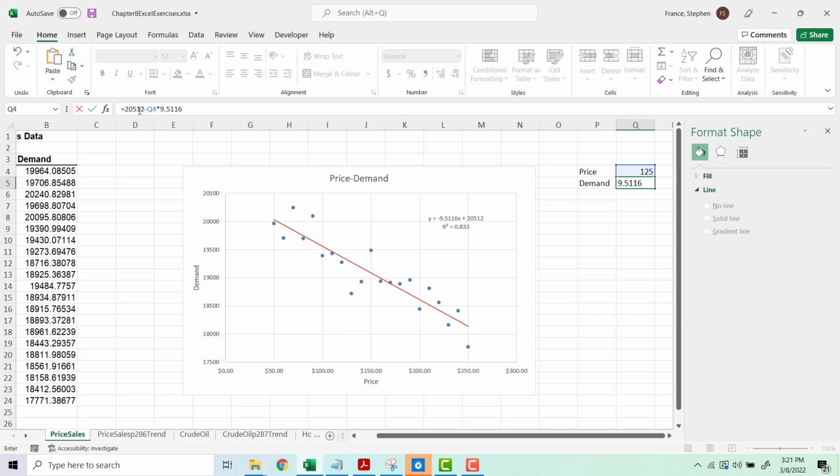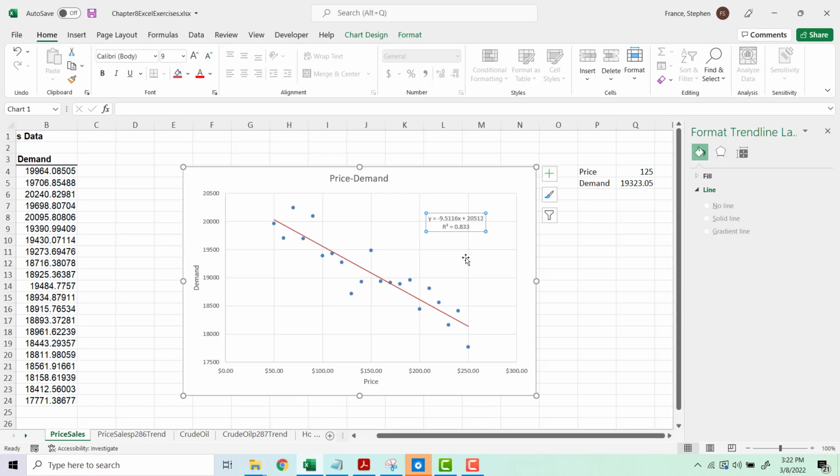So that's just, again, my beta in the regression equation, my beta hat 0 is 20,512 plus beta hat 1, but it's negative, so minus times minus 9.5116. And we get the demand of 19,323, which is exactly the same as in the book.